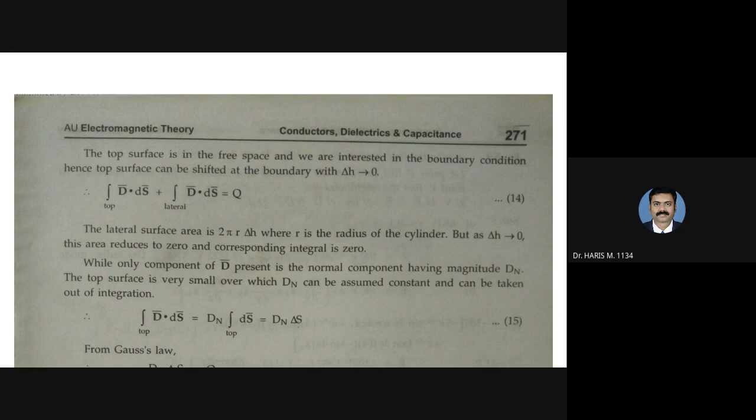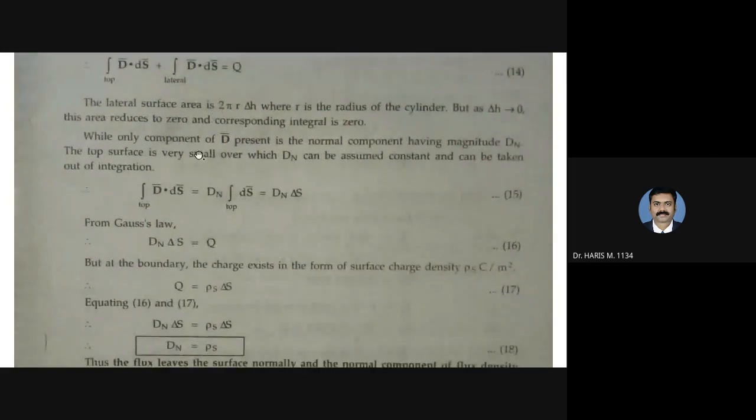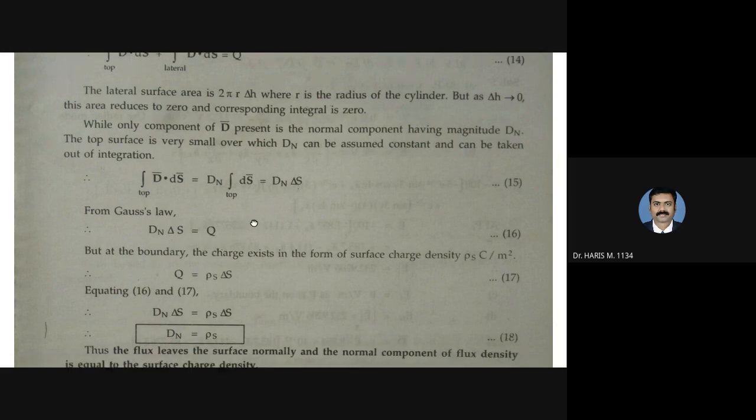So Dn into integral top dS, or you can also assume the small surface segment as dS and replace it with delta S. So this particular equation will become Dn into delta S. Now substitute this top region in the left hand side of the Gauss law. You can write this equation as Dn delta S is equivalent to Q.